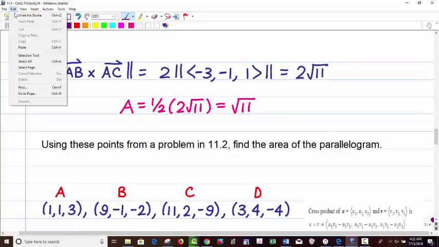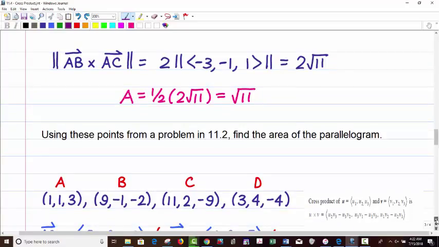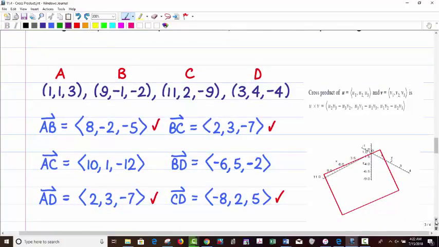And let's see. Looks like this is from a problem in section 11.2, so evidently I used these same numbers. Well, I didn't use my color coding on my check marks this time, did I? Got a little sloppy with that. But anyway, let's see if I can do these again, with the green and the purple.